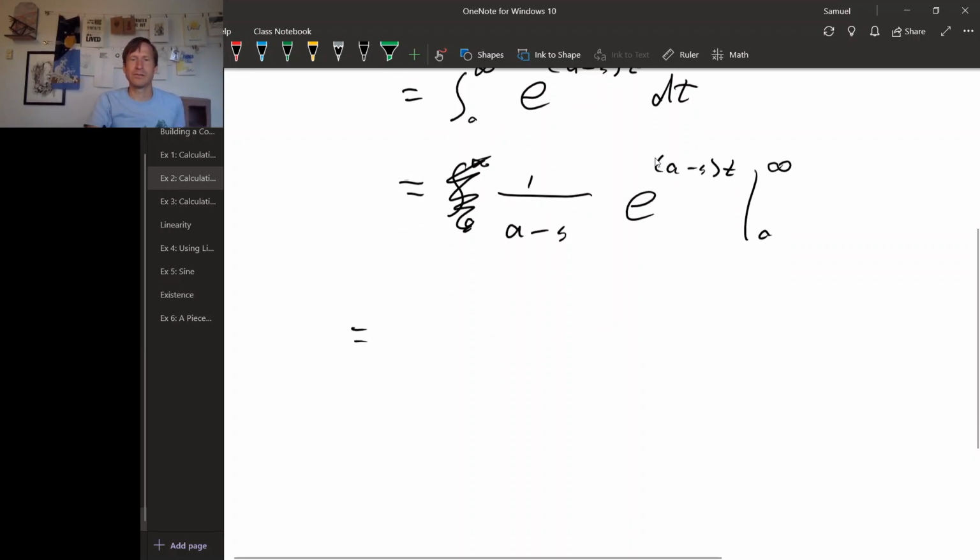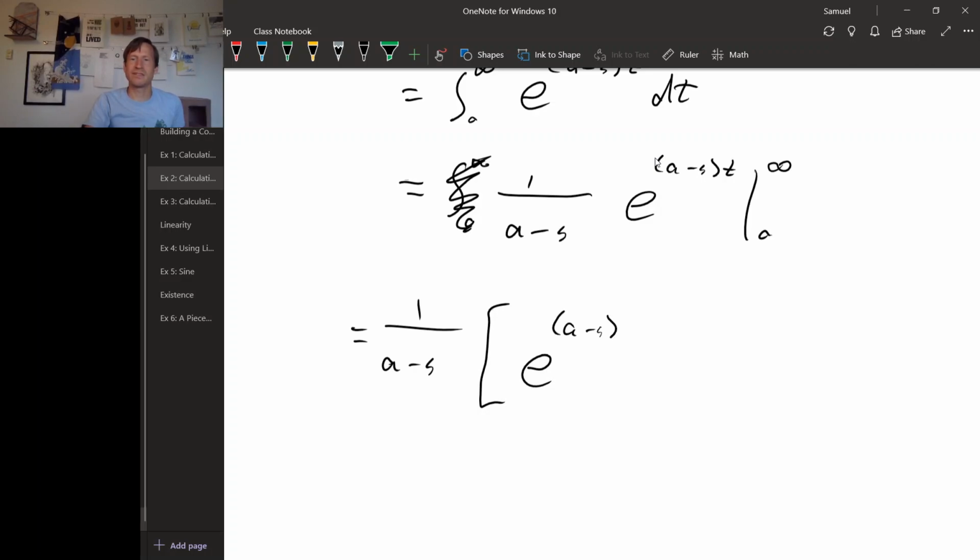We're plugging in our bounds, so I'm going to write infinity here, but remember, this infinity is really a limit. So we're going to have to think about what happens to this exponential as t goes to infinity. Minus e to the 0, and e to the 0 is 1.